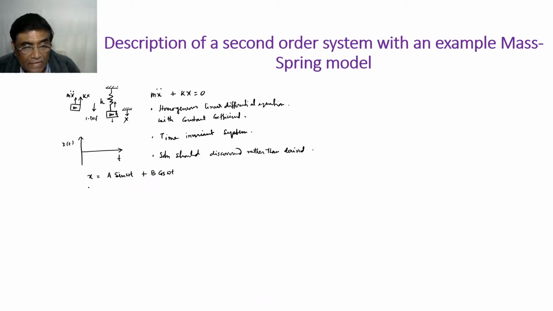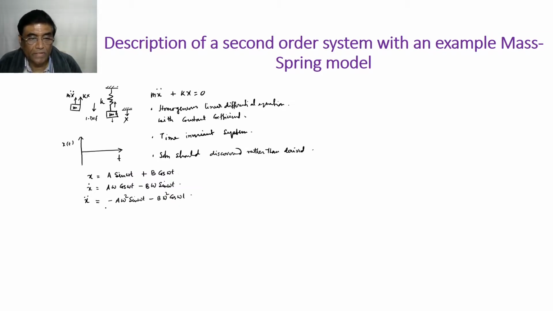That means if I differentiate it with respect to time, this will be negative B sine omega t, and then double differentiating it gives minus cos omega t.